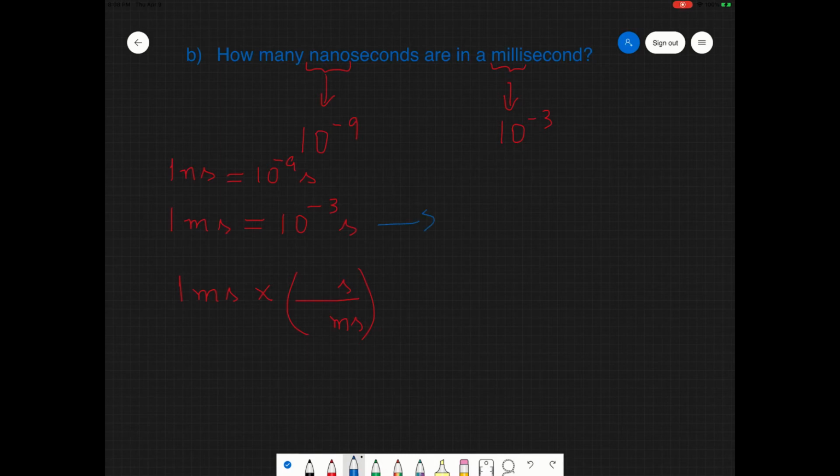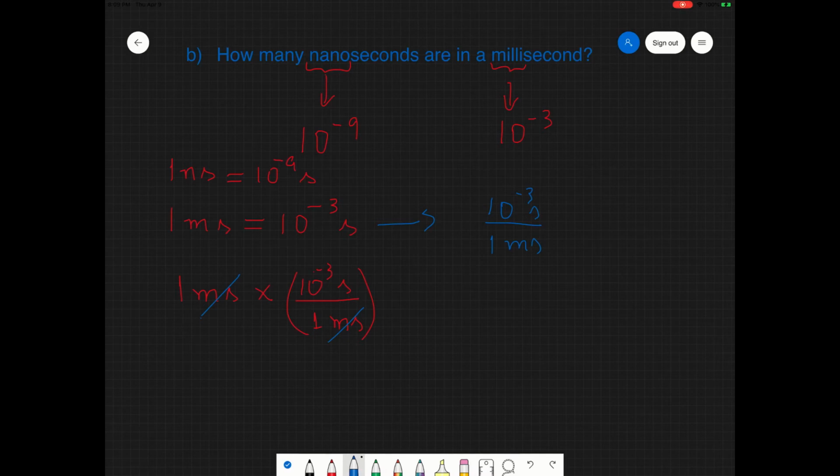Since I want the result to be in seconds, I cancel out millisecond using the second conversion factor: 10 to negative 3 seconds divided by 1 millisecond corresponds to the value 1. So 1 millisecond times 10 to negative 3 of a second divided by 1 millisecond cancels the unit of milliseconds.